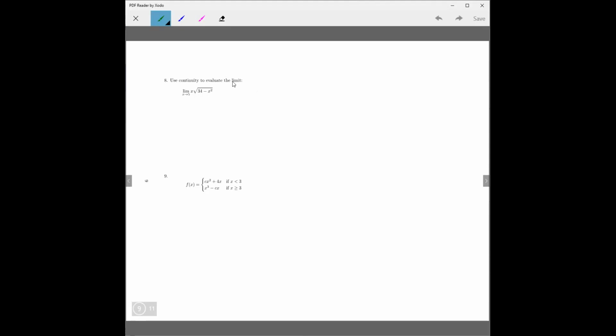So it basically means you can just plug this 5 in for x to get the answer. Okay, so 5 times the square root of 34 minus 25, so that's 5 times the square root of 9. And the square root of 9 is 3, so that's 15.